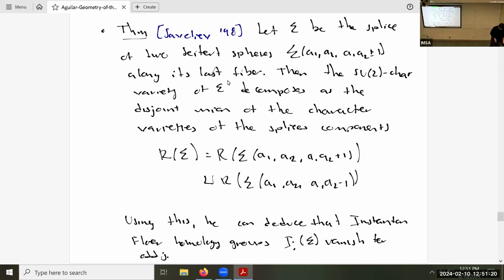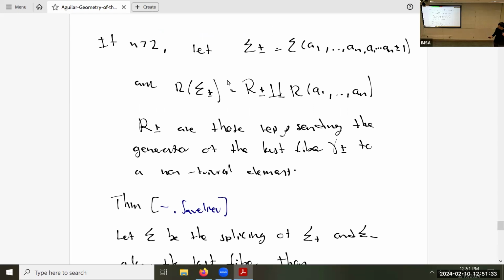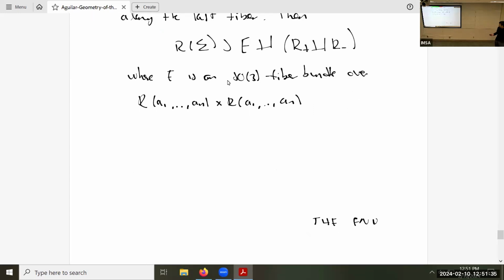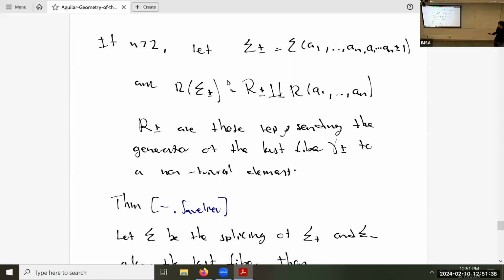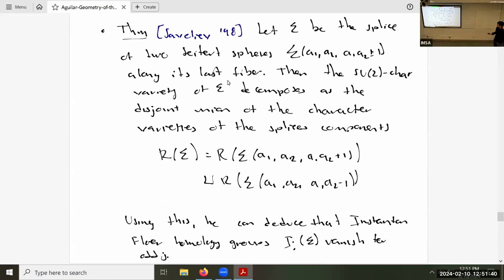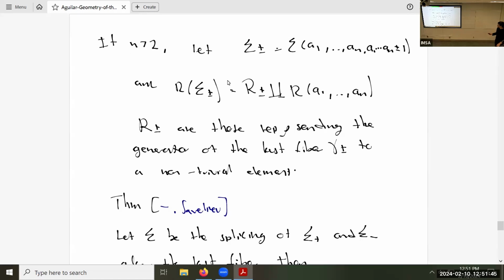And so I asked him if it would be possible to have something like this for more legs, for more singular fibers, and the computations turn out to be more complicated. So we have the following calculation, that if we consider more than 3 singular fibers, you can decompose the representation variety of each splice component as follows.